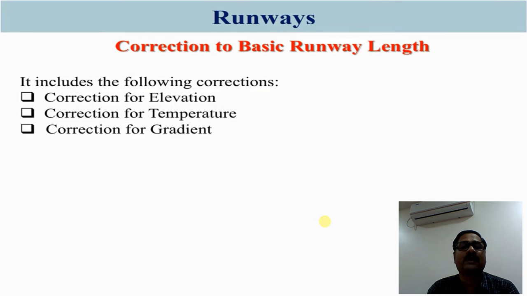The first two corrections, which are correction for elevation and correction for temperature, are given by ICAO, that is International Civil Aviation Organization, and the third correction, which is correction for gradient, is given by FAA, that is Federal Aviation Administration.